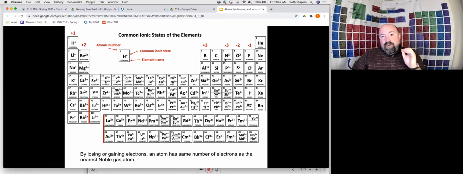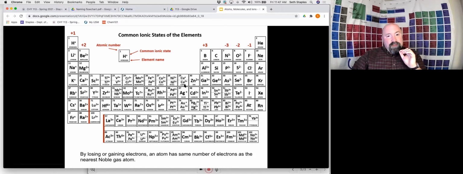I say that we'll work with because when we get into some of this region here, some of the rules get a little bit murkier and fuzzy, again for reasons that we will talk about later. But for now, we're going to primarily work with things like oxygen and sulfur, maybe a little selenium, and these are going to tend to form -2s when they form ions. These are going to tend to form -3s when they form ions.